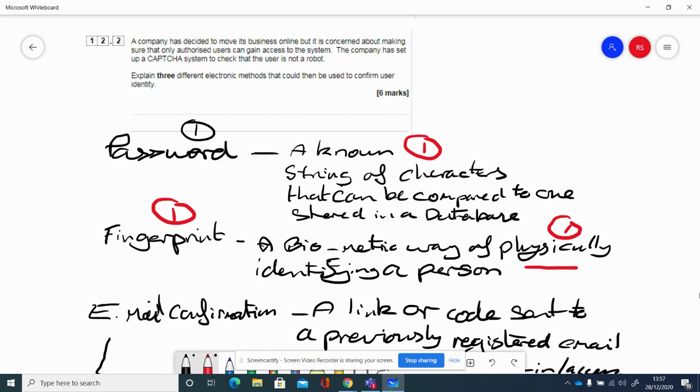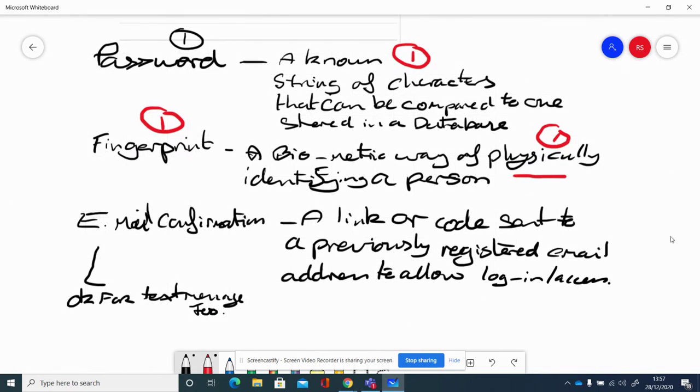And then the last one that I did for this one was email confirmation. So again, there's a mark for email confirmation. And an email confirmation is a link or a code sent to a previously registered email. So you need to say it's a previously registered email because that's the way that it's confirming the person is who they say they are.